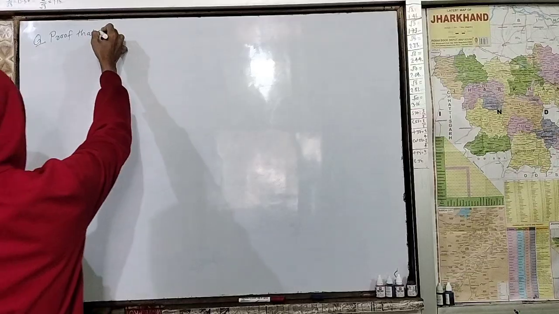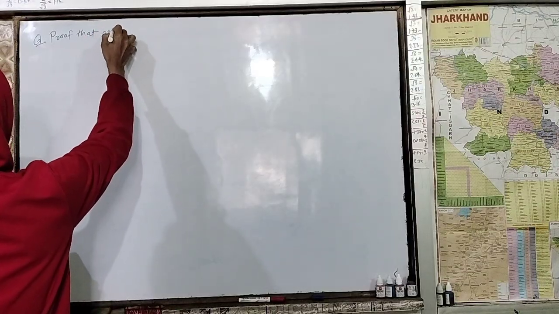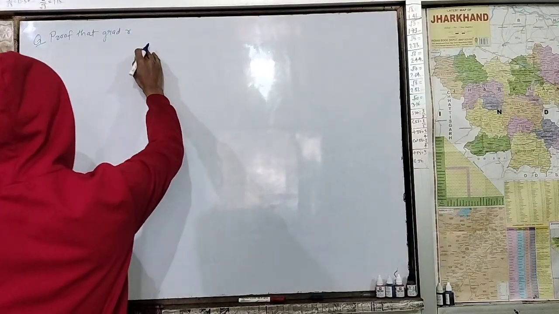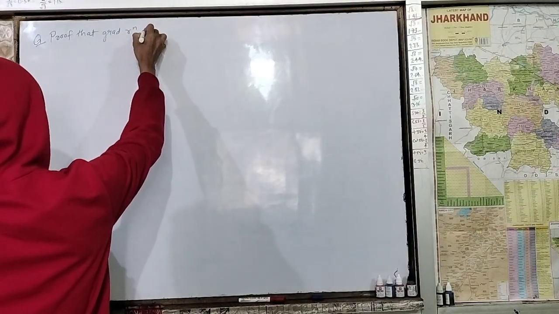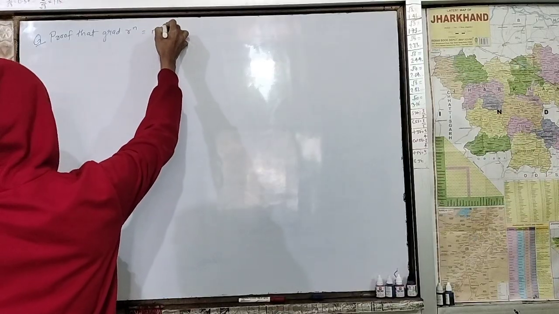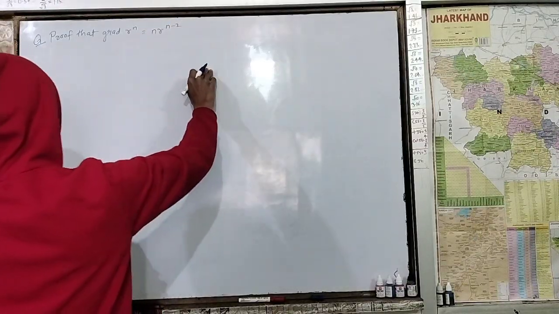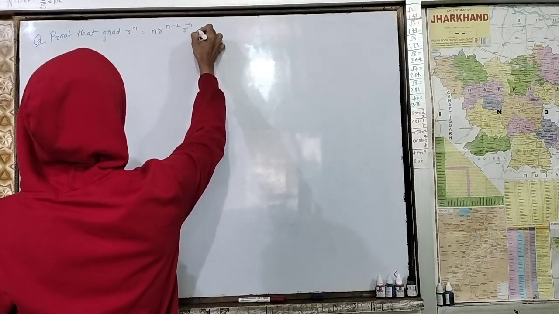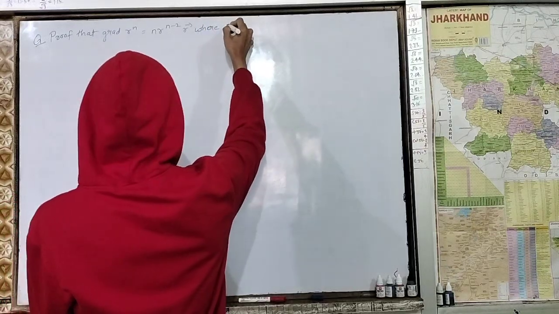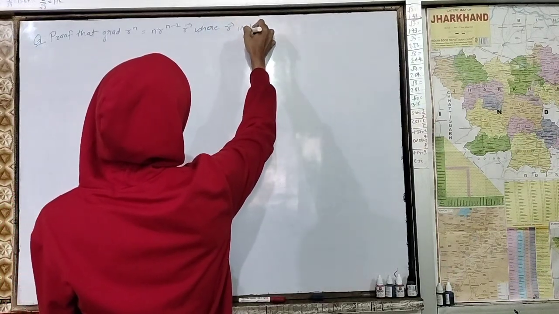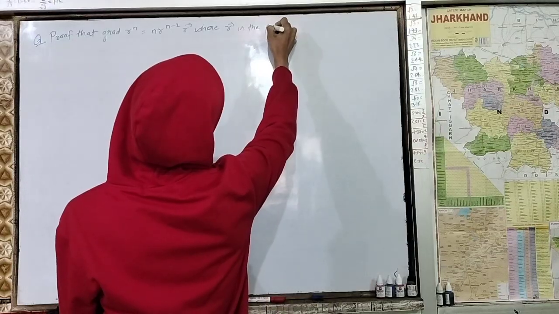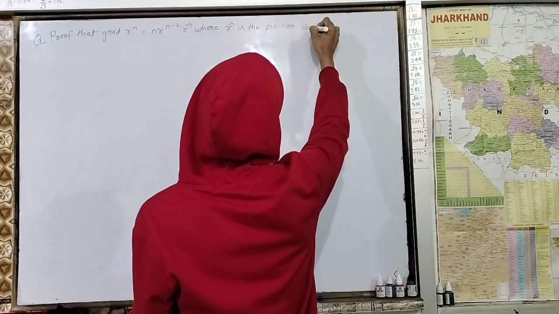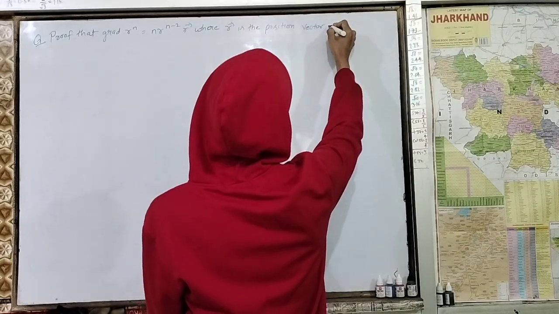Prove that grad r^n is equal to n r raised to power n minus 2 into r vector, where r is the position vector of any point.